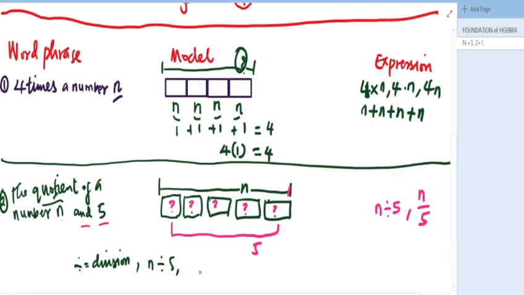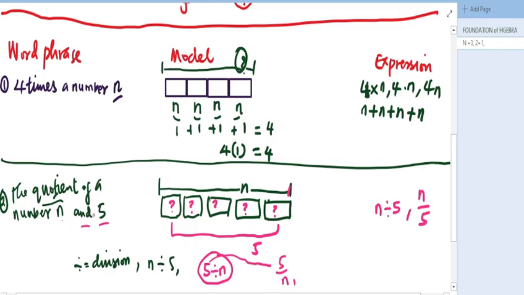In this case, you are not allowed to say 5 divided by n. The quotient of a number n and 5 is not 5 divided by n. If we say the quotient of 5 and a number, we are always going to mention first the number that will come on the left side of the division sign, or which will serve as the numerator, because if we translate this, it is 5 over n.